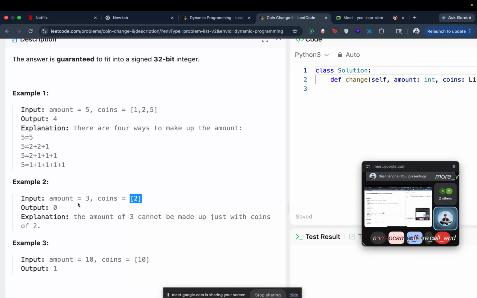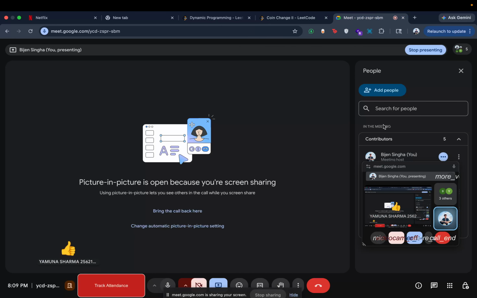How many ways can you make it? 0 ways, because the amount of 3 cannot be made using only coins of 2, so it is not possible. For 10 with coin 10, you can make it in 1 way. Clear? Here you are checking ways.